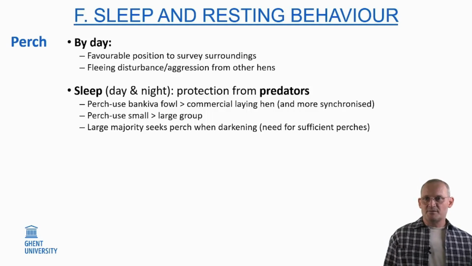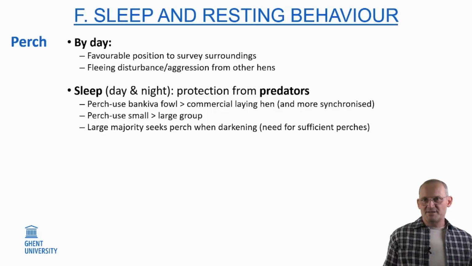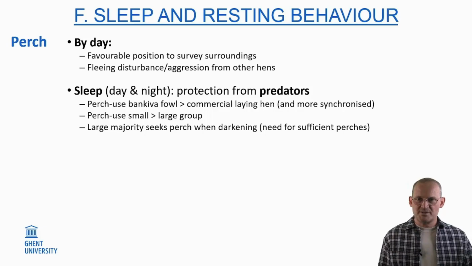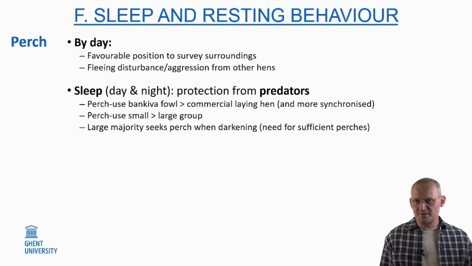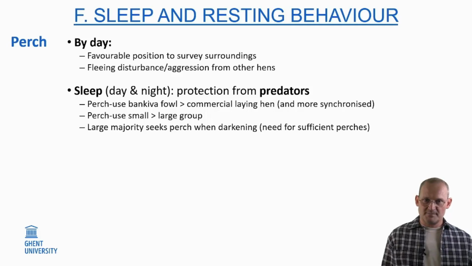And you see that the perch use in the red jungle fowl is higher than for commercial laying hens, and the perching behavior is more synchronized. We see also that the use of perches is greater in smaller groups than in larger groups of hens, and the vast majority will seek to perch and to roost on a perch when it's getting darker.